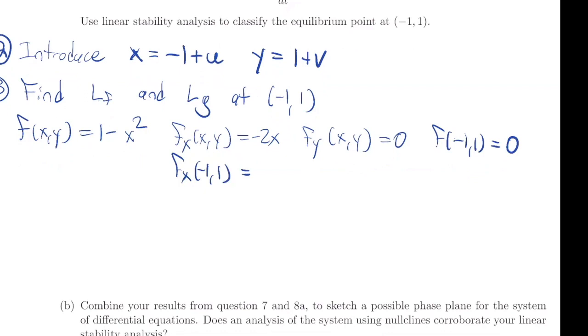Here the difference from what we did previously is that we're now going to evaluate these partial derivatives at this different equilibrium. Now I get a partial derivative at that equilibrium with respect to x that gives me +2. This one still gives me 0.